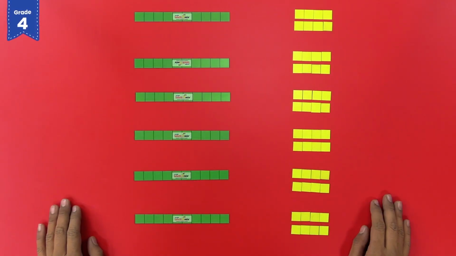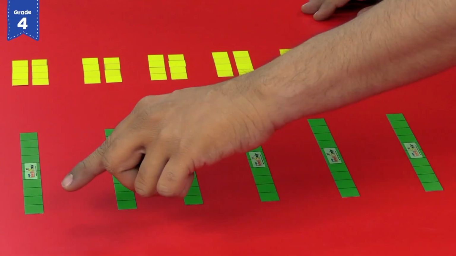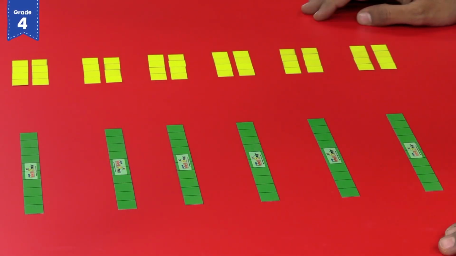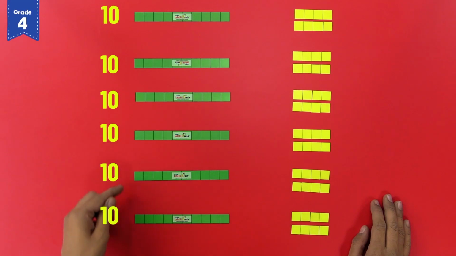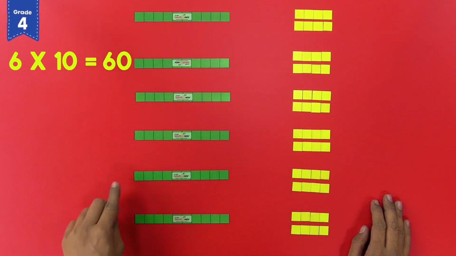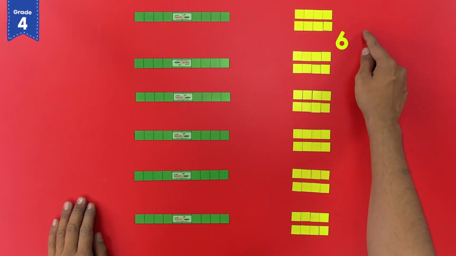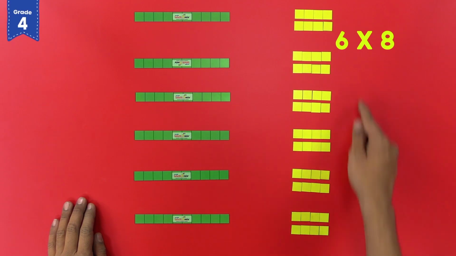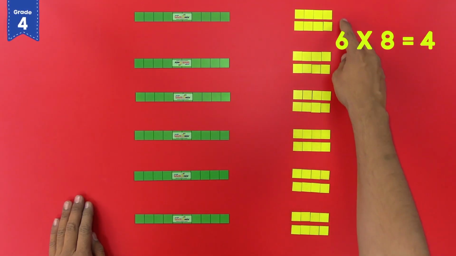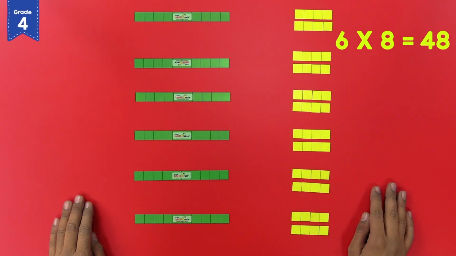Now we shall count the total number of single units that we have here. We have 10 units in each of the green tens cards. For 6 tens cards, we have 6 multiplied by 10, which is equal to 60 single units. And we have 6 times 8 yellow ones cards, which makes the total number of 48 single units.